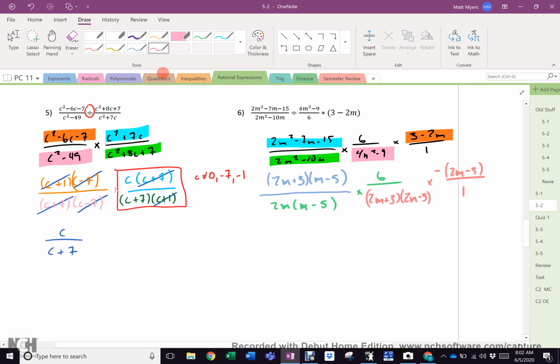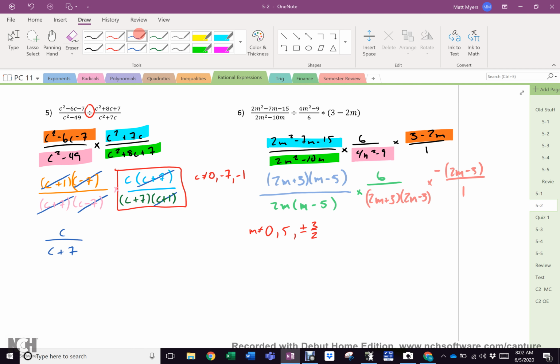So we have to check these two, right? Because that can never be 0, so I don't need to check both of them. So our NPVs: m cannot equal 0 because of that, 5 because of that, positive or negative 3 over 2 because of that.